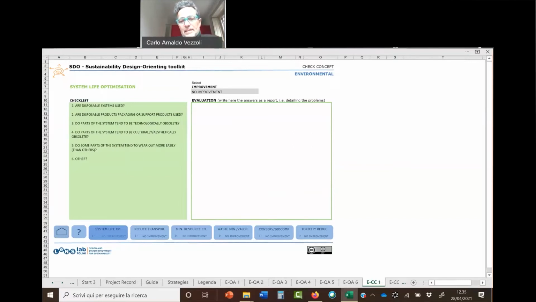So these six criteria are leading us all along the process. Okay, so here we will write there is an improvement because of this reason, and so on, and blah blah.